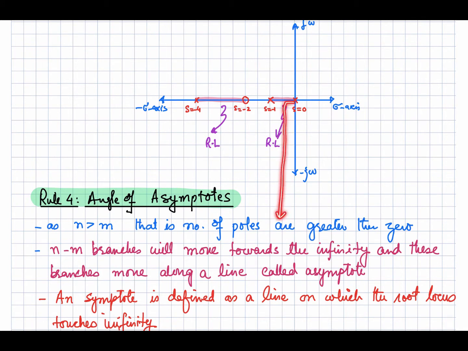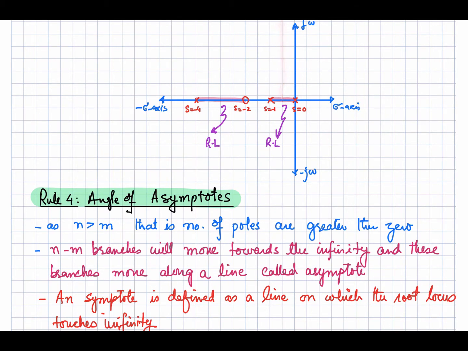This may move toward negative infinity, and this may move towards positive infinity, so their zeros are sitting somewhere over there. So they will move along a certain line towards infinity, and those lines are said to be the asymptotes, right? And at which angle will these poles be moving towards the zeros?